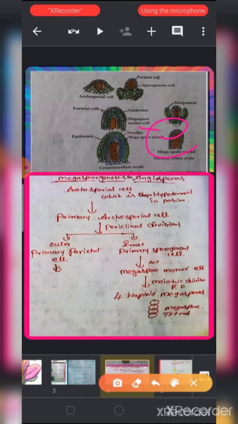Megaspore mother cells take meiotic division and produce 4 haploid megaspore tetrad which are arranged in linear. Generally only one haploid megaspore is functional and remaining 3 degenerate. This functional megaspore may be upper one or lower one. Later on, this functional megaspore takes further divisions and forms embryo sac.